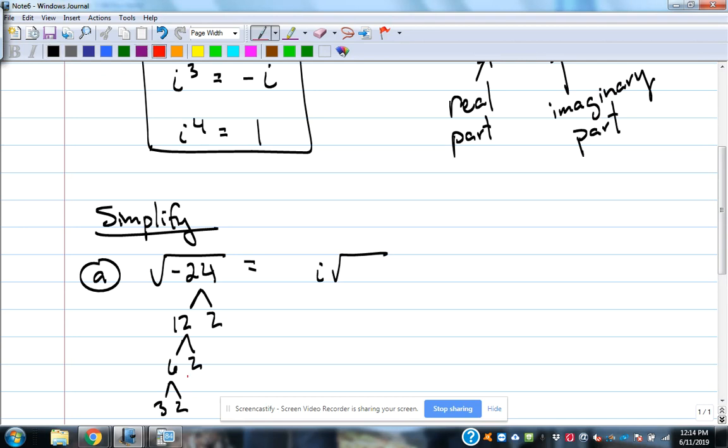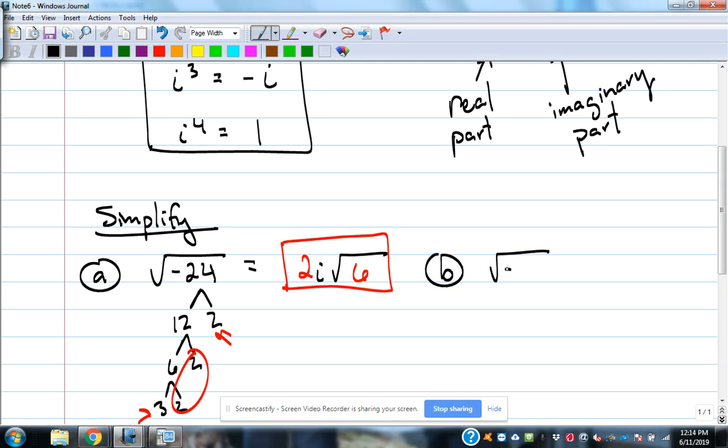I've got a pair of 2s, and then the 3 and the 2 left over. So there's a 2 that comes out that's with that i. And then on the inside, I've got 2 times 3, which is 6. So 2i radical 6, or square root of 6, is what that ends up. The i comes from the negative being on the inside of the square root. The number part is exactly what we just went over from R.7.